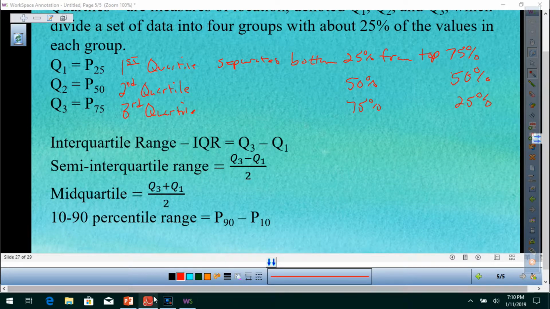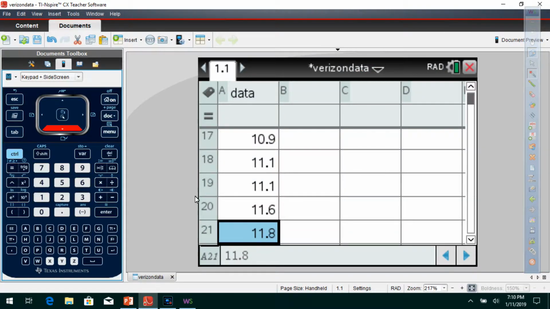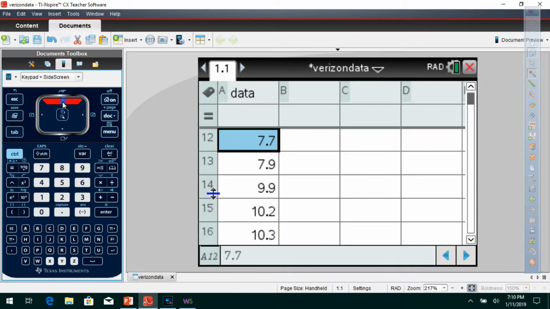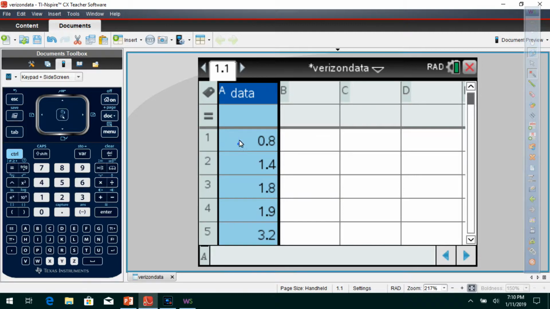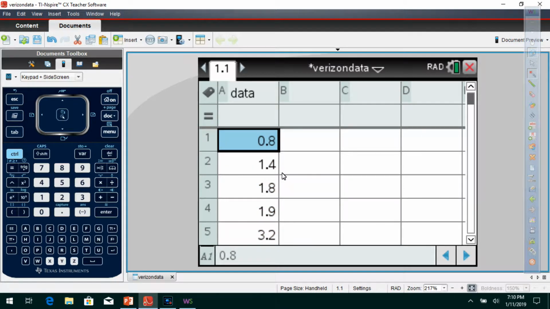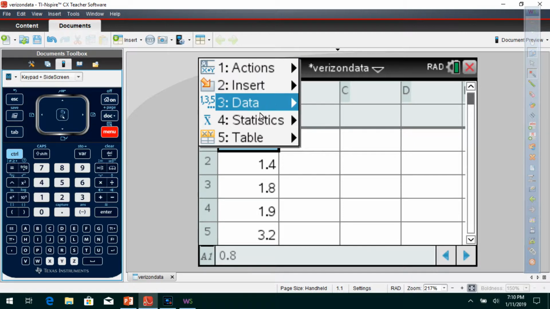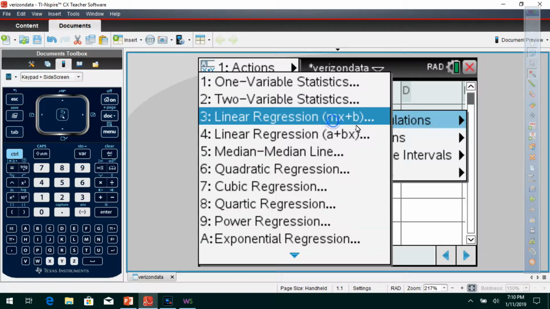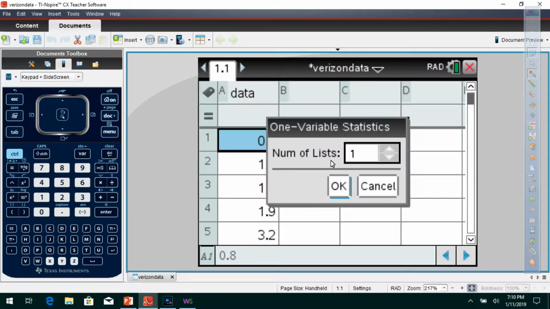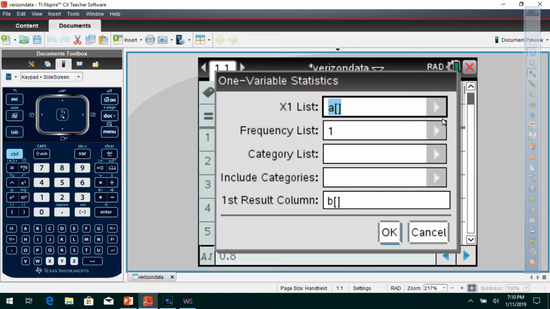Now, I want to show you something while we're here. We went and sorted all that data. The calculator will also help you find Q sub 1 real quick. Try menu 4, 1, 1, and number list is 1, and we're going to call it data.